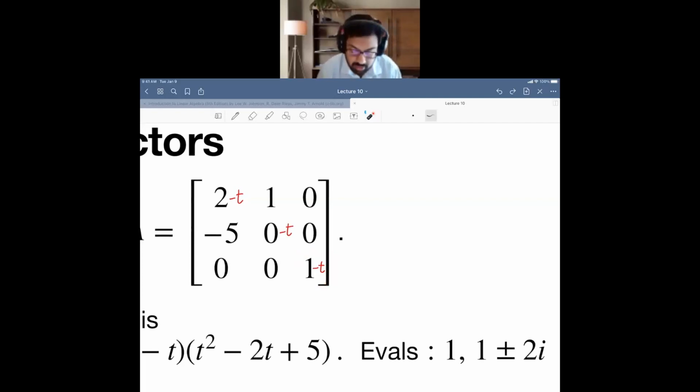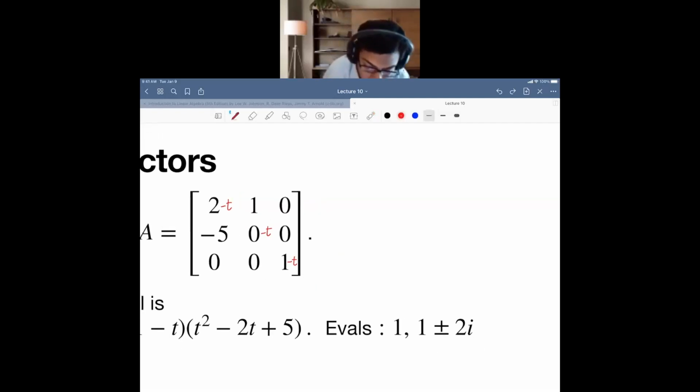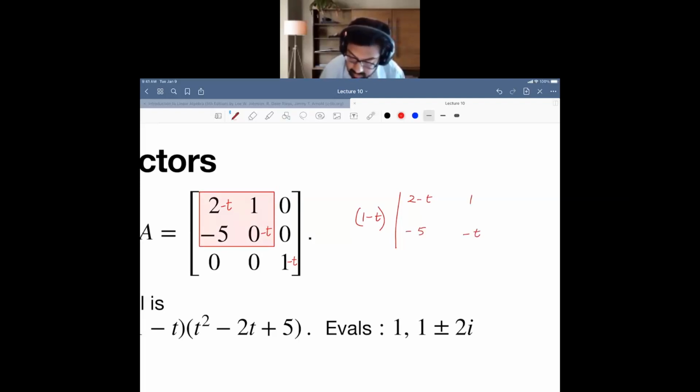They both are the same thing over here. So I can say it's going to be 1 minus t, multiplied by the determinant of whatever remains. In this case, what will remain is this. So I have 2 minus t, 1, negative 5, and negative t.